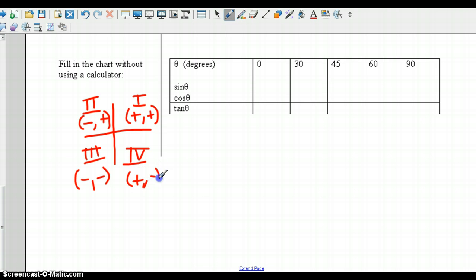So this goes directly along with your sine, cosine values and your tangent values. In the first quadrant, sine and cosine are both positive. So that means if tangent is equal to sine divided by cosine, positive divided by positive means tangent is also positive in the first quadrant. In the second quadrant, with x being negative and y being positive, cosine is negative and sine is positive.